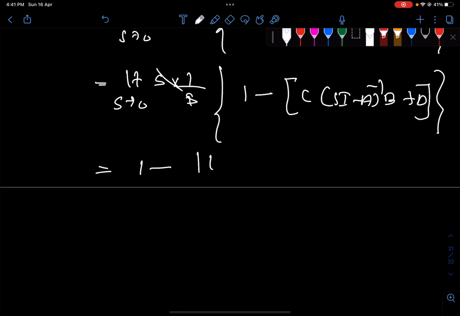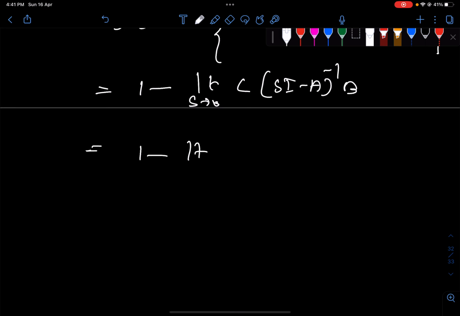So 1 minus limit s tends to 0, taking the limit inside, of C (sI minus A) inverse B, since we know that D is equal to 0.